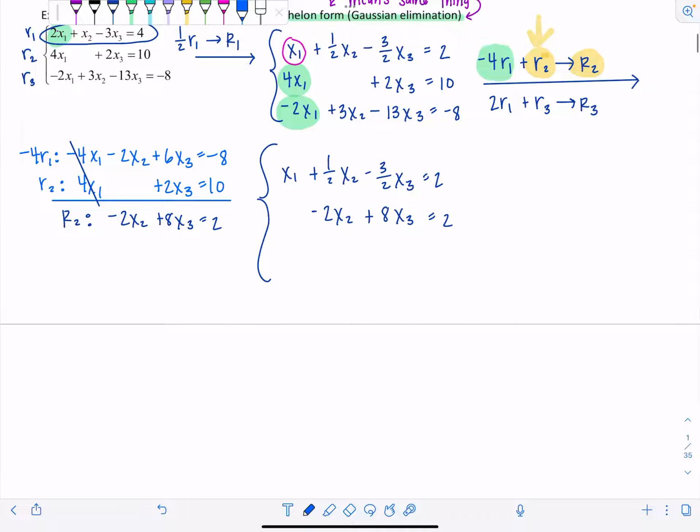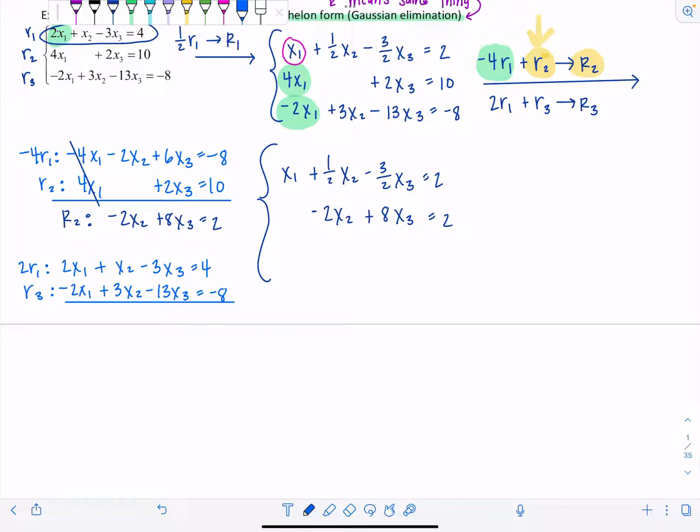So 2 row 1 is 2x1 plus x2 minus 3x3 equals 4. Here's row 3, negative 2x1 plus 3x2 minus 13x3 equals negative 8. Add them together.